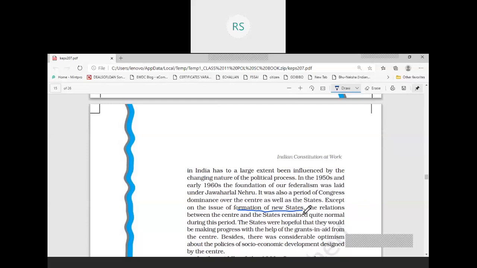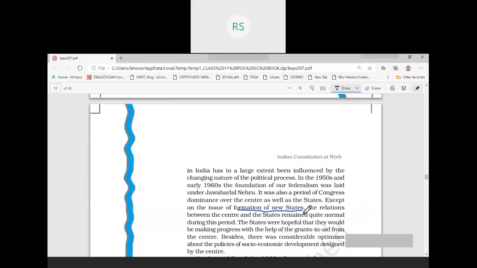But when India became independent, because of partition and violence, our national leaders became fearful of the integrity of the country, and that is the reason they did not form the states on the basis of language, because they feared that if they formed the states on the basis of language, then the country may disintegrate.